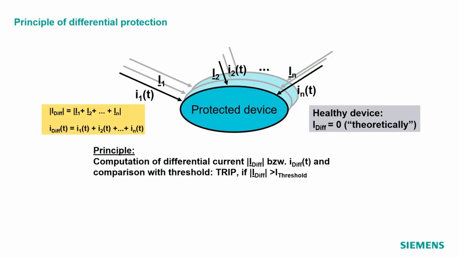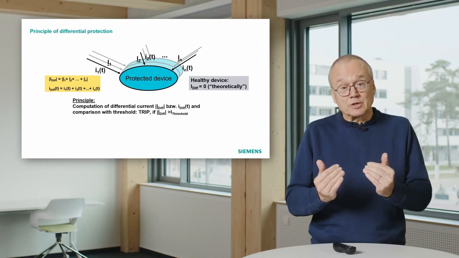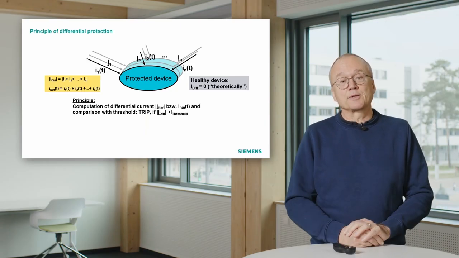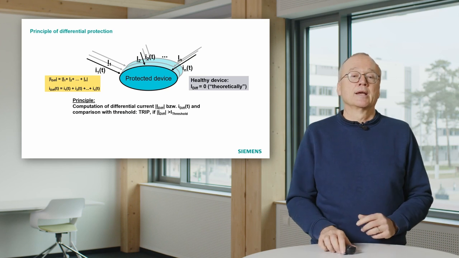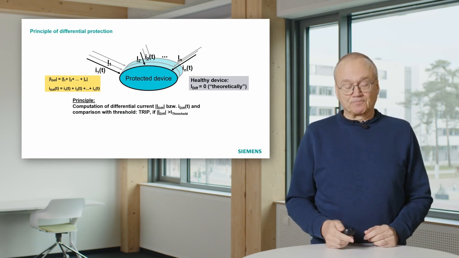That means the principle is we calculate the differential current and we compare this current with the threshold, and if the differential current is above the threshold, then we say, okay, there must be a fault in the protected zone. And if the differential current is smaller than the threshold, then we say, okay, the device is healthy.